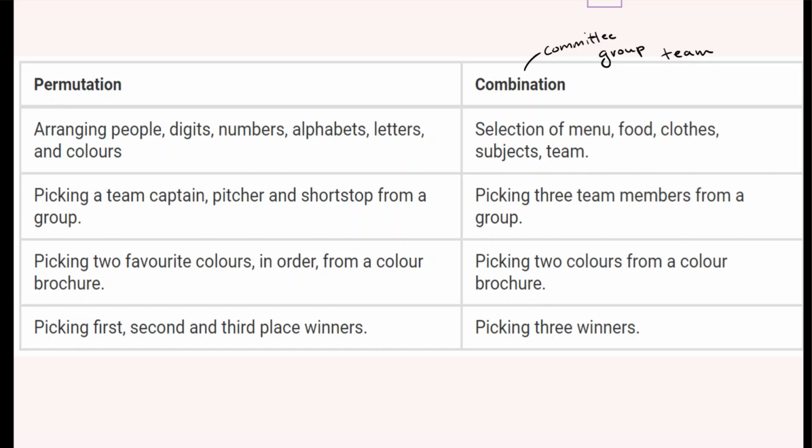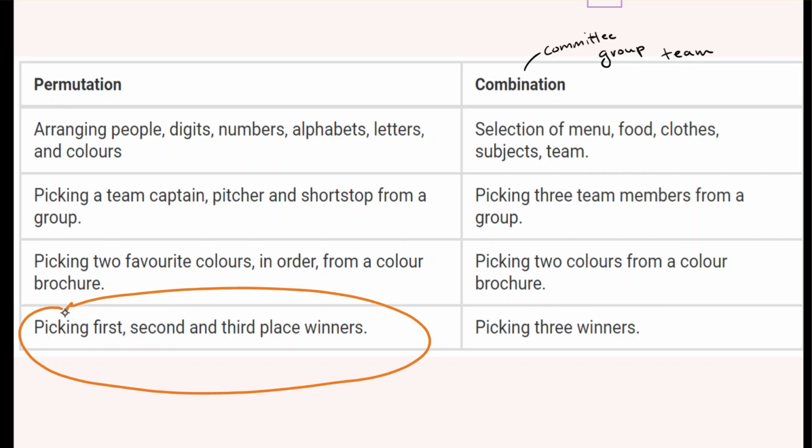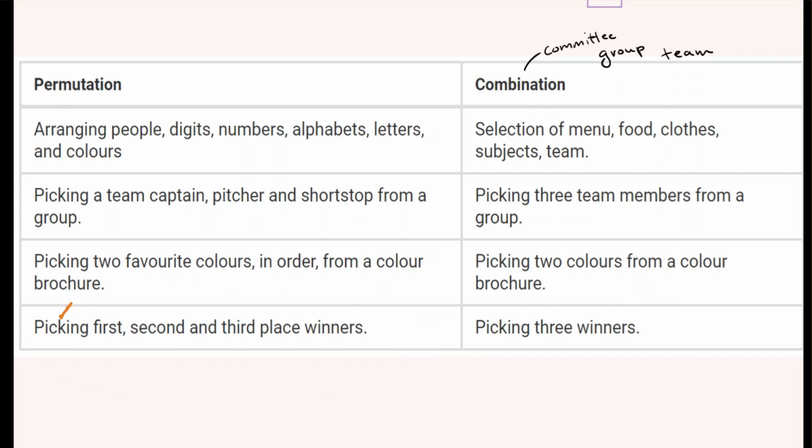There's no order implied. However, with permutation, it's going to be things like, for instance, picking first, second, and third place winners. The order that it's picked indicates a different place, which means it's different. As we've seen before, arranging people for photographs because the order that they're in the photograph matters.